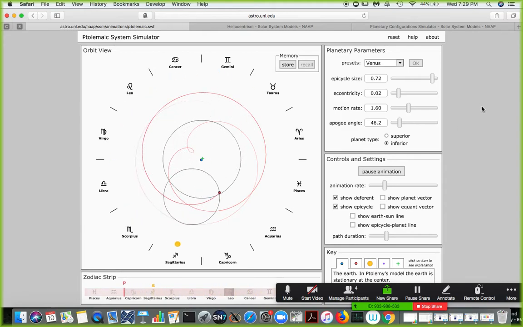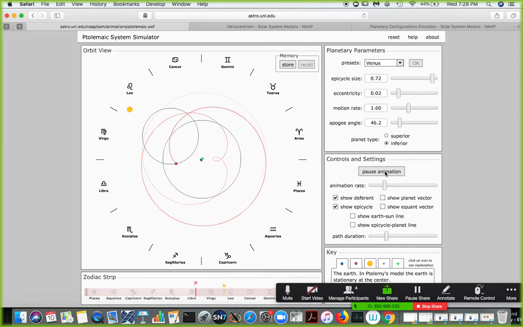See that? And let me stop. Right here. So see this little tiny moment right here? I don't know if you can see my cursor, but if you can, this little tiny moment when Venus retrogrades also happens to be the position in the orbit where Venus is the closest to Earth.